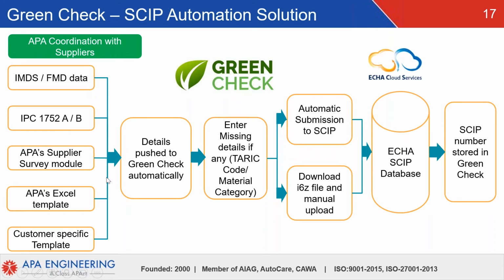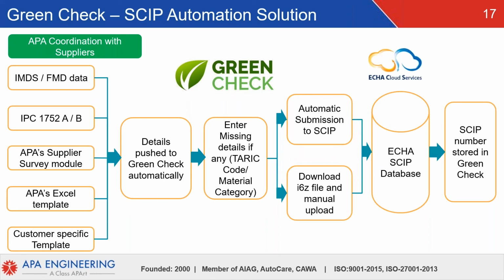Apart from this, there are other methods also. For example, passive component manufacturers like Kemet, Philips, Coaspire may publish all their SCIP or SVHC REACH information on their website itself. API has a supplier chasing team, and basically API provides a complete turnkey solution.